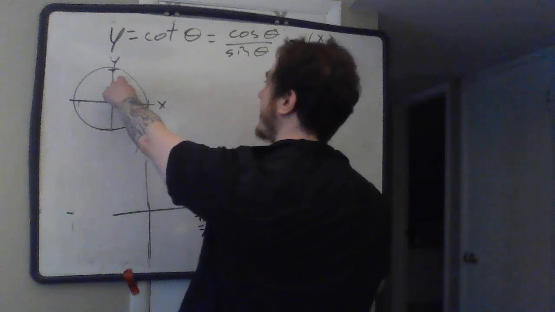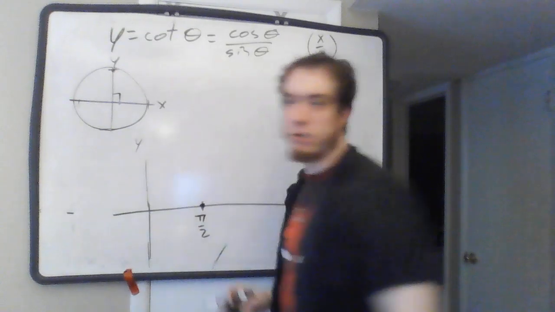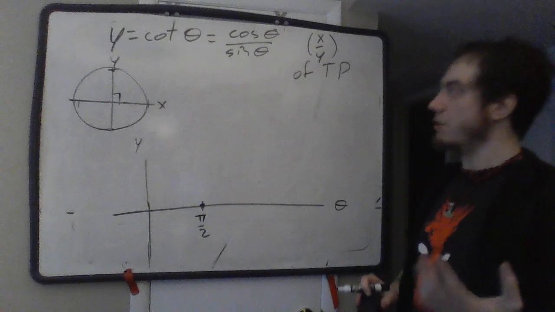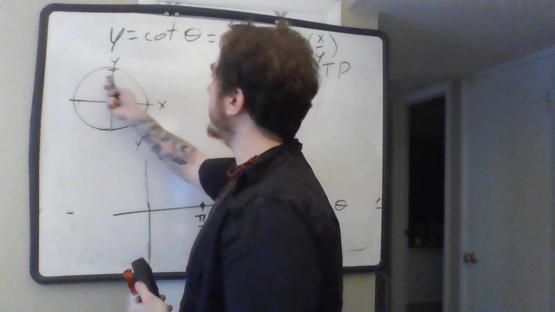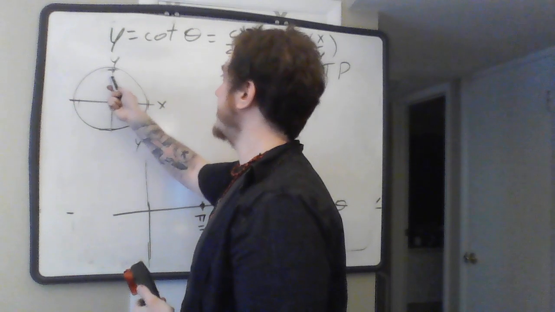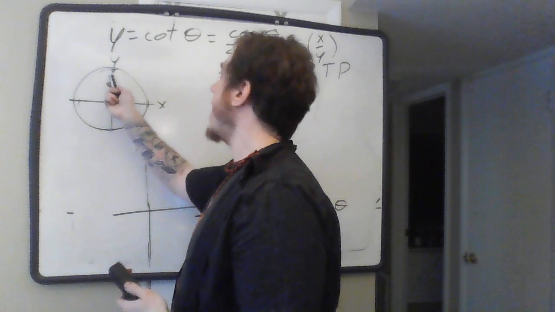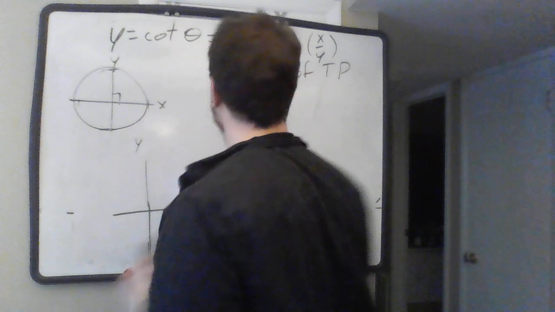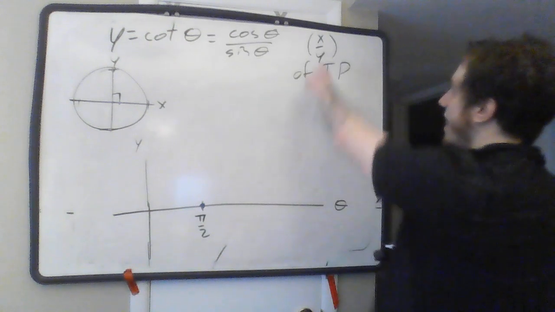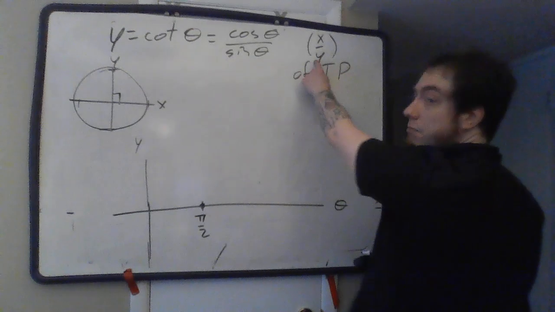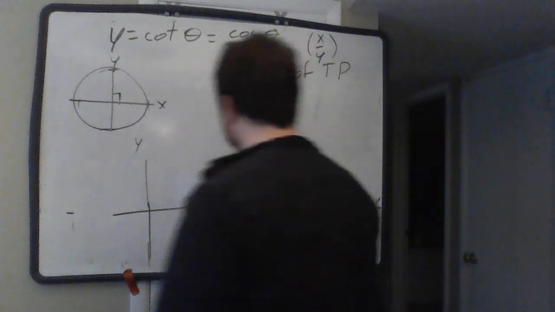Because here the x value is 0 and the y value is 1. 0 over 1 is 0. Now, what happens as the angle increases from there? Well, as it increases, x is negative, and y is still positive. So we're going to get a small negative number divided by a positive number. So it's going to be decreasing.